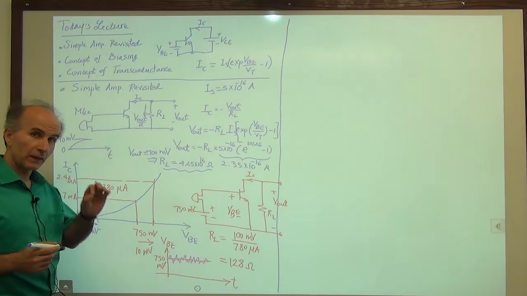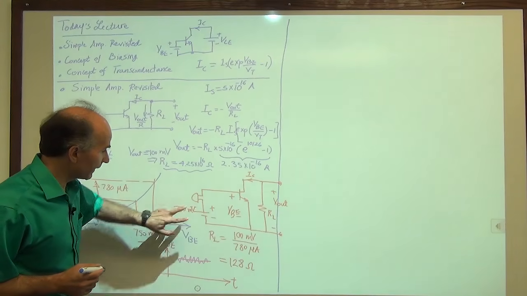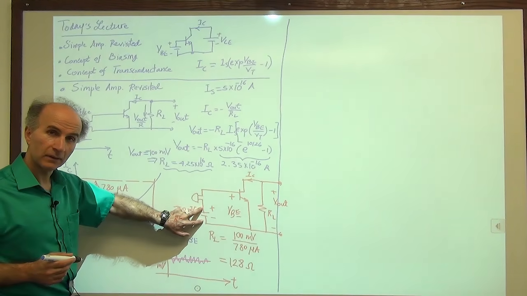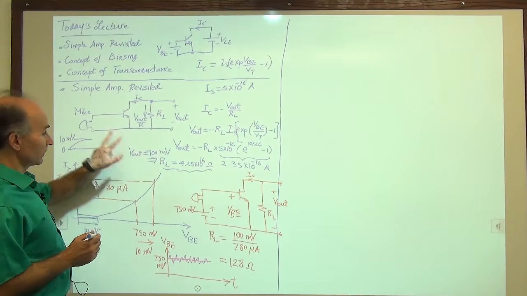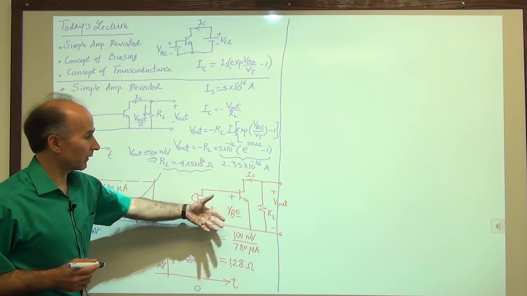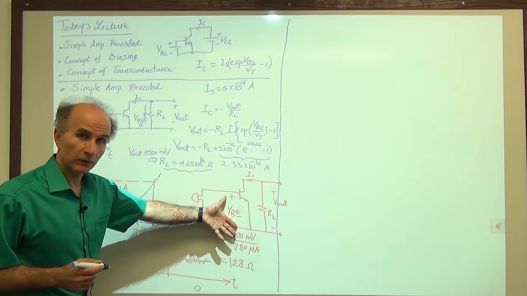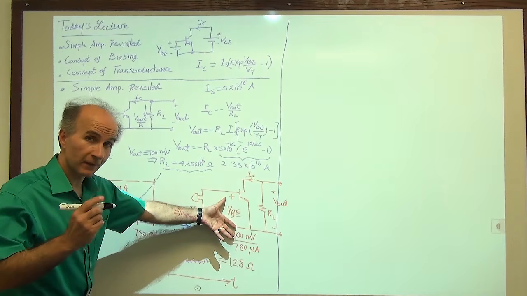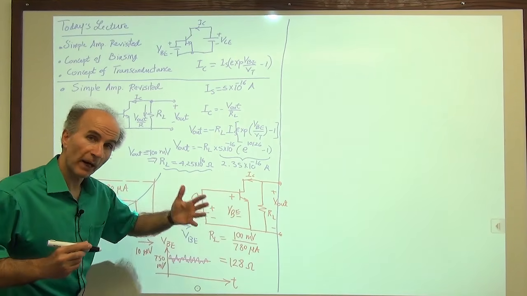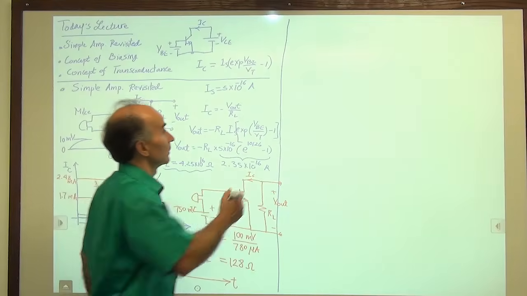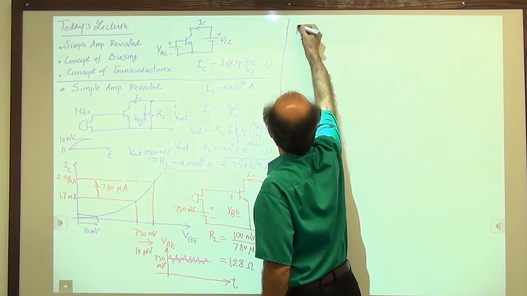Now, the act of adding this voltage here, as we went from here to here, to provide a certain base emitter voltage in the absence of signals is called biasing. So this is what we call biasing.